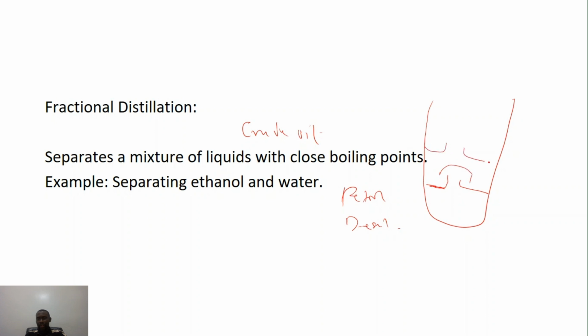So when crude oil is heated from below, heat is applied. The different liquids usually evaporate. When they evaporate, they are condensed. Okay? As you go up the chamber, the heat reduces. So the most volatile is usually at the upper chamber, while the less volatile ones are usually in the lower chamber.